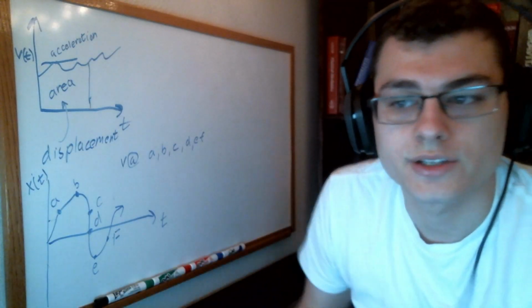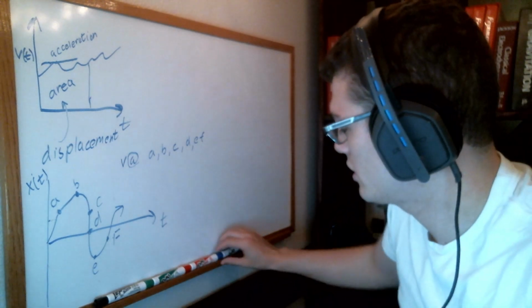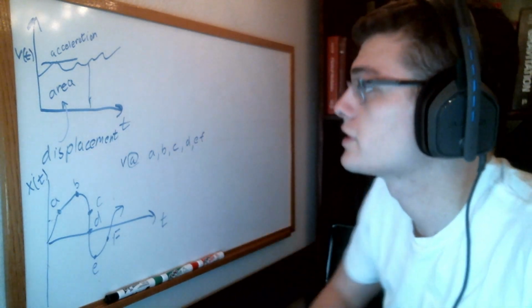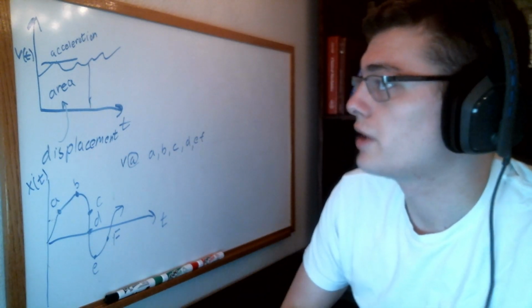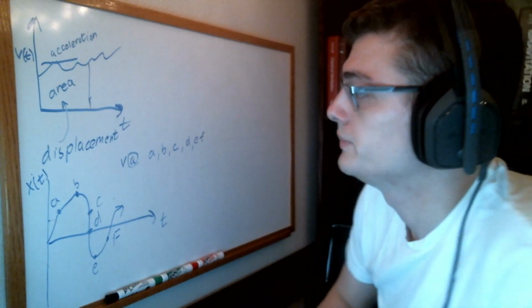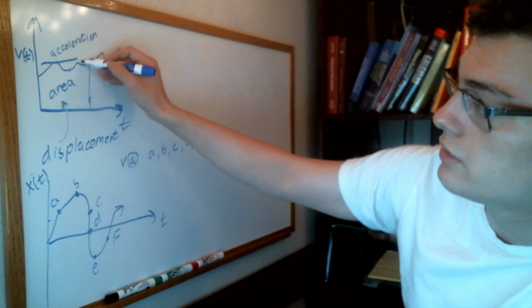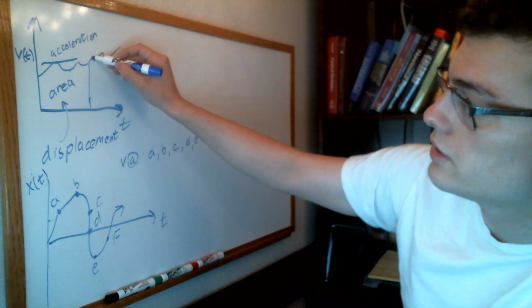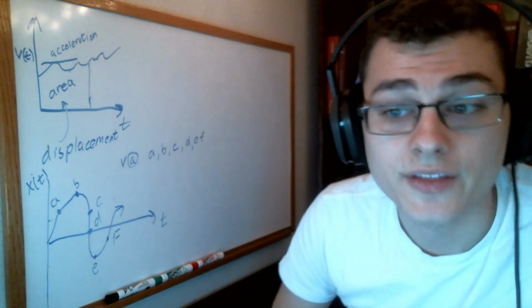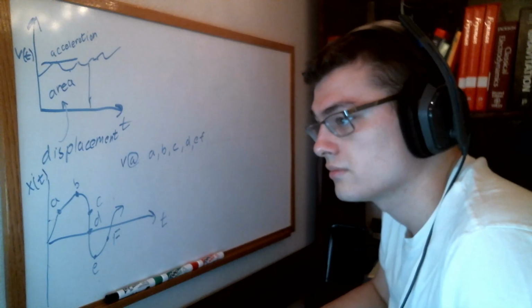Okay, one of the last things that I want to touch on in this chapter is talking about using graphs. So for our graph up here, this is a graph of our velocity function as a function of time. And so then the derivative at any point along this is the acceleration at that instant in time.